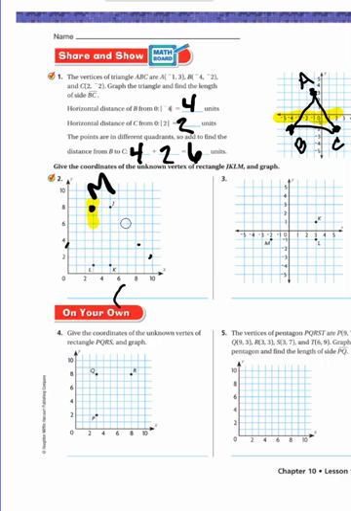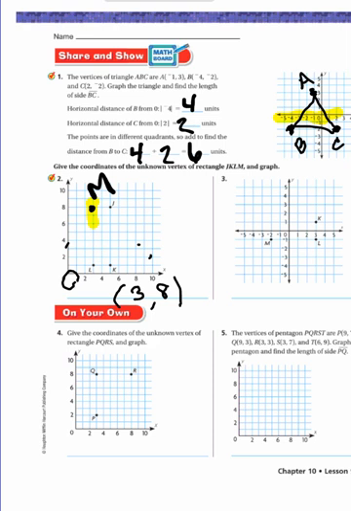Okay, let's just look at M. To find the coordinates, we're going to start at the origin here. We're going to go over to the right 3 and up 8. So 3, comma, 8.